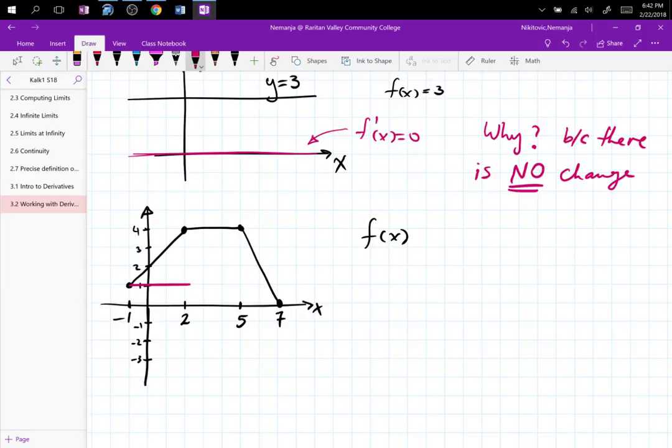Now, what is the slope on the interval 2 to 5? It's a horizontal constant line. Slope is 0. Derivative is 0. And then, what's happening with the slope between 5 and 7?